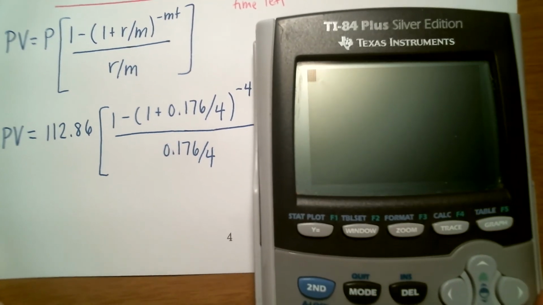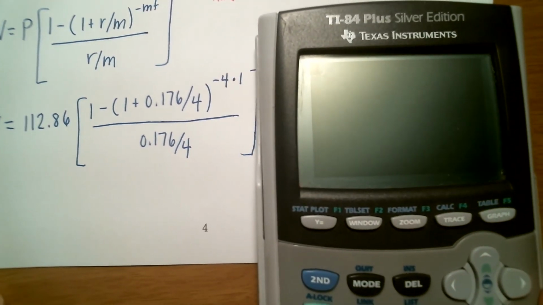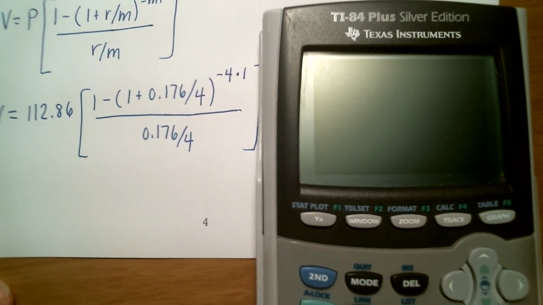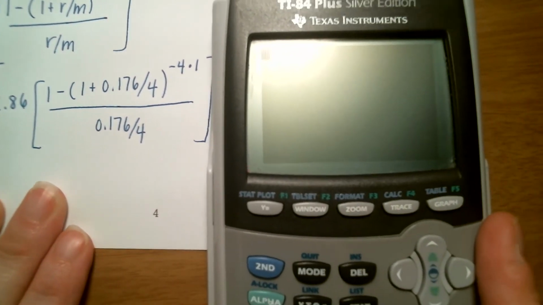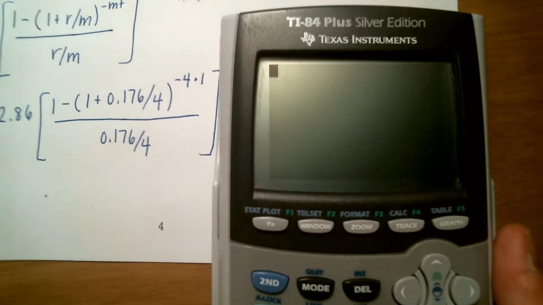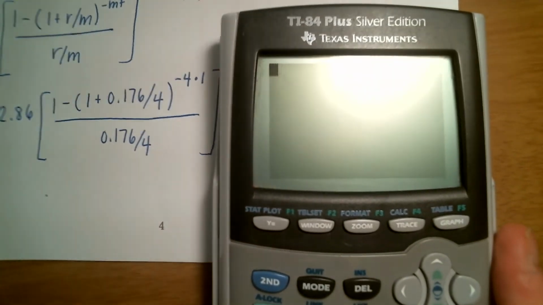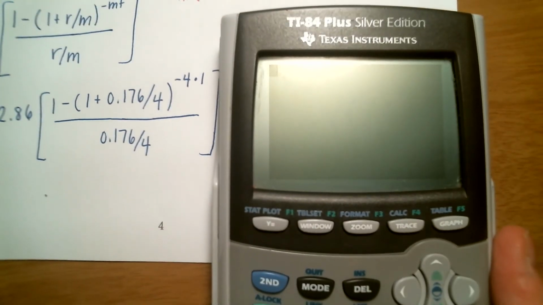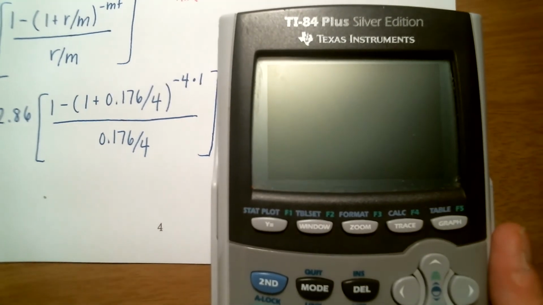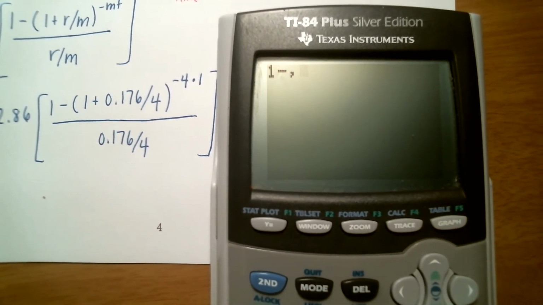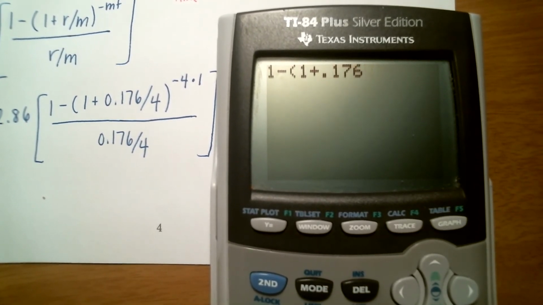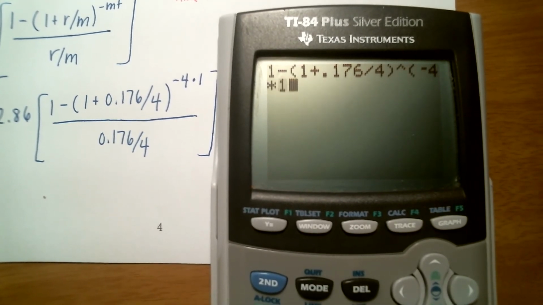So again, when we use this formula, we are going to start by working inside the brackets. We're going to start in the numerator because it is more complicated than the denominator. So let's go ahead and punch this in. Sorry, I can never get this lighting right in here. Okay, so we're going to have 1 minus 1 plus 0.176 divided by 4 raised to the -4 times 1 power.